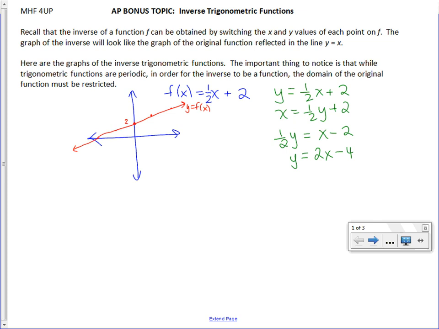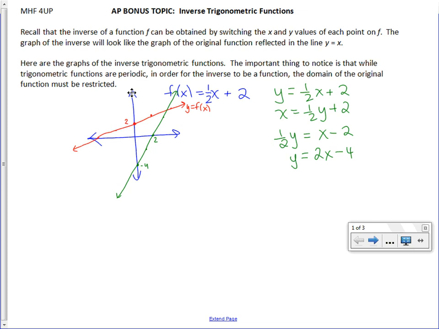So if I plot the y-intercept at negative 4, and then count a slope of 2, up 1 over 2, up 1 over 2, I end up with this shape, approximately, and that would be the inverse.